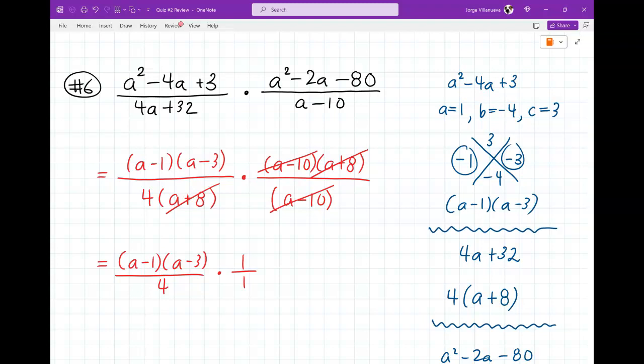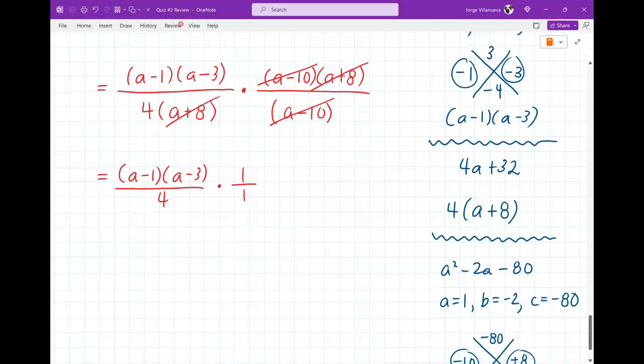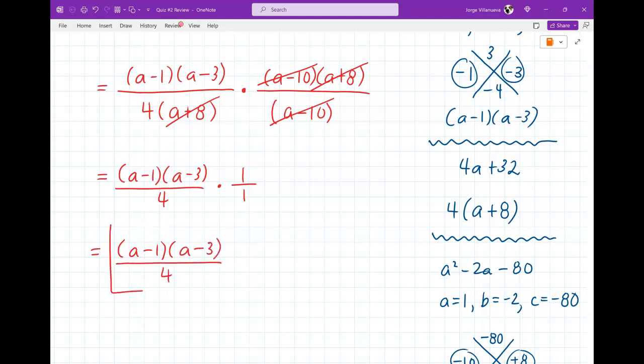Remember, this is not a required step. I'm just doing it for those that aren't here. And obviously, when you multiply by 1, nothing happens. So we just have the answer of A minus 1 times A minus 3 over 4. And at that point, you're done, and you move on.